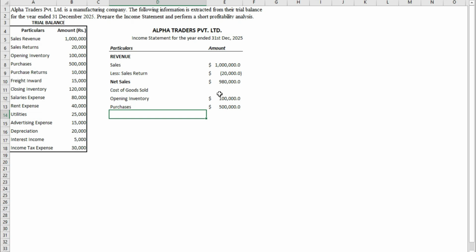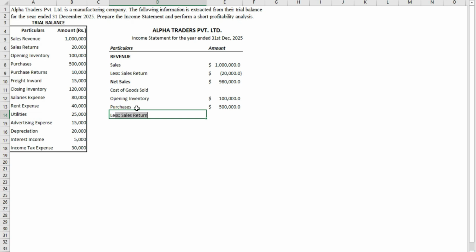The opening inventory is the goods already available for sale at the beginning of the year, and these purchases are new items that we have bought, new stock during the year. However, if some goods are returned to suppliers, we less them, the purchase return will be less because those don't form part of our cost.